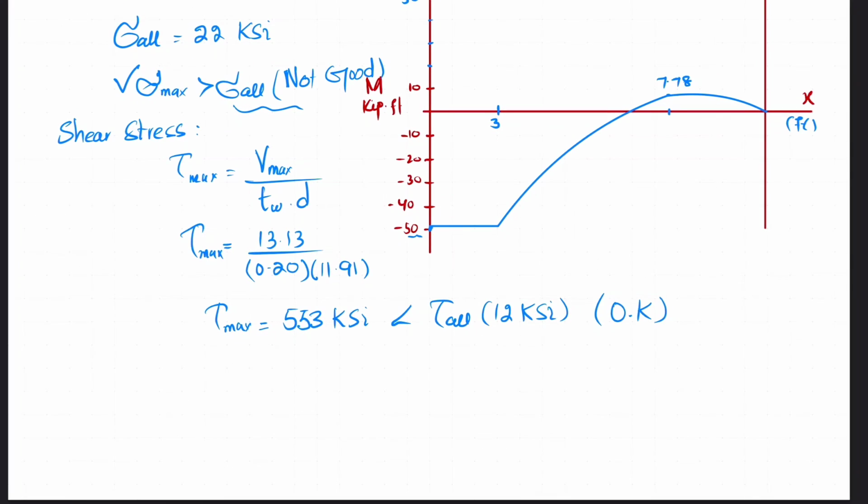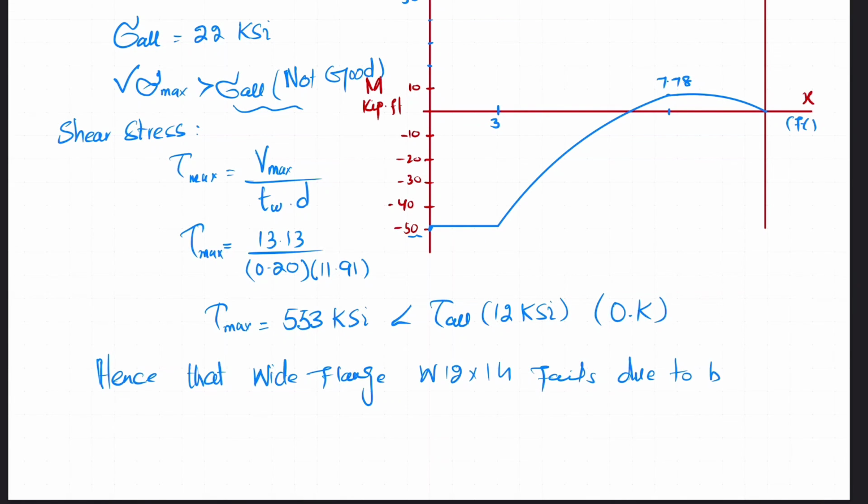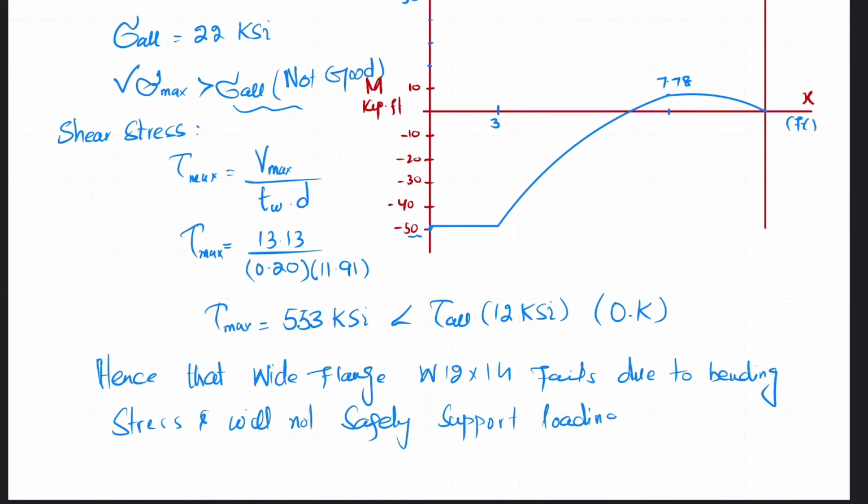So hence we can say that the wide flange W12 by 14 fails due to bending stress and will not safely support the loading. So we cannot use this W12 by 14 beam for the given loading.